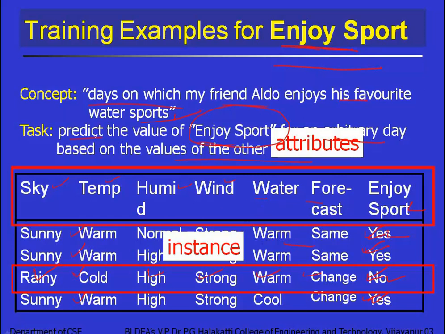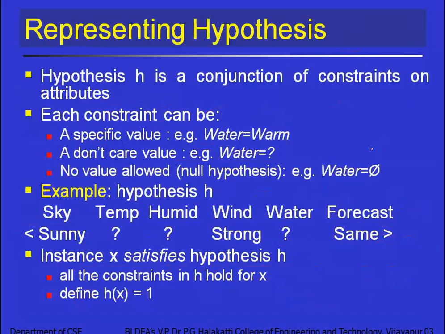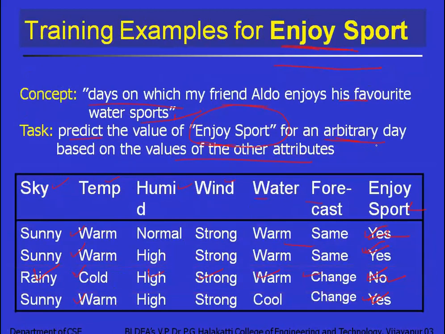The task here is to predict the value of enjoy sports for an arbitrary day based on the values of the other attributes. Let us consider this is the 1st day, this is the 2nd day, 3rd day, 4th day.